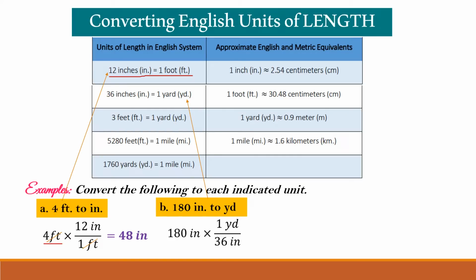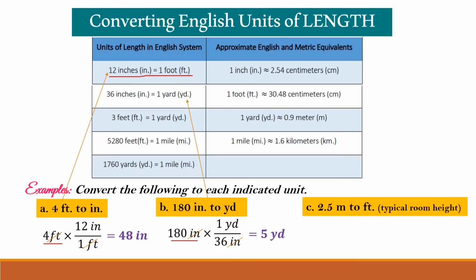Using that, we again write the number that we are converting, which is 180 inches, times the unit fraction 1 over 36, wherein 36 is in inches and 1 is in yard. And we can cancel inches, and we can multiply 180 times 1 divided by 36. And the result is 5 yards. So our answer for letter B is 5 yards.